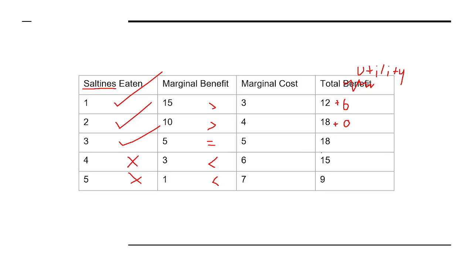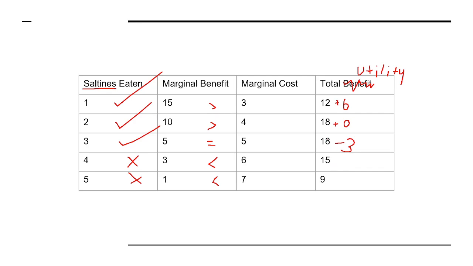We are actually now going negative, right? We're now subtracting utility. So this is why we stop at that third saltine, because we're now going negative, which we don't want to do in general. When we're making economic decisions, we don't want to go negative.